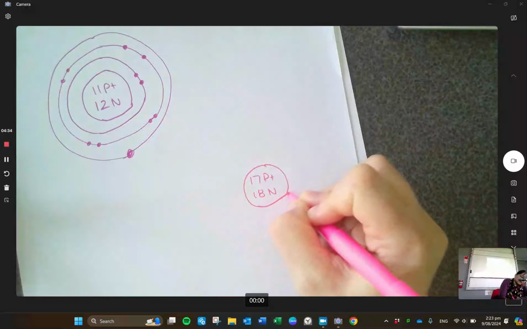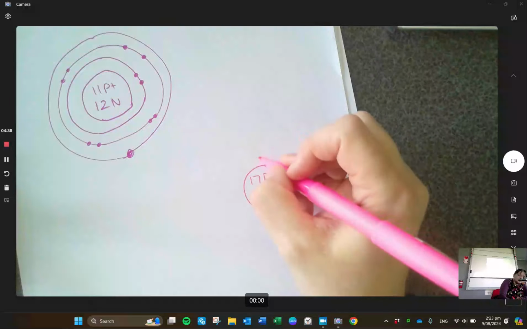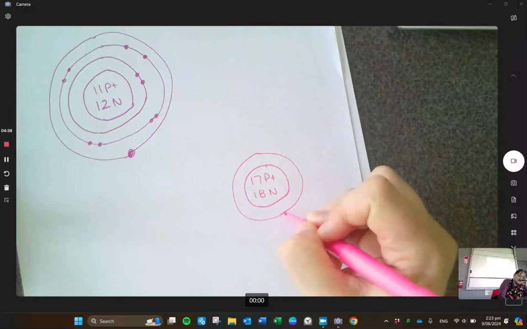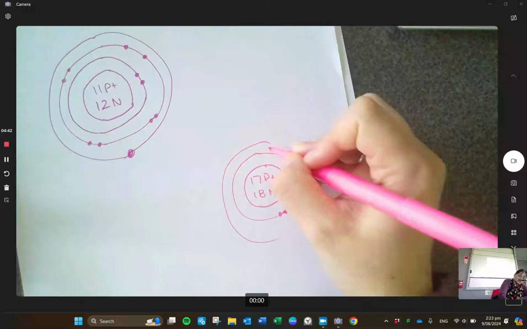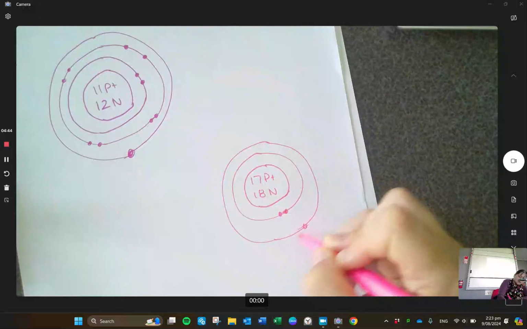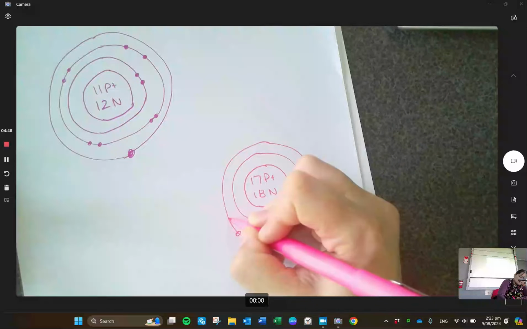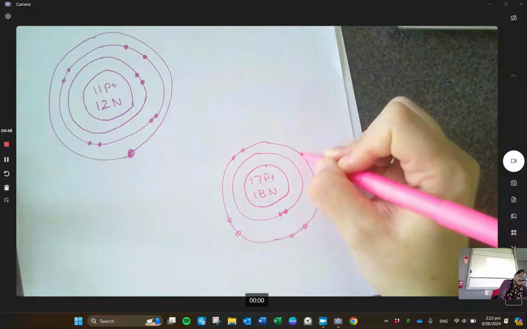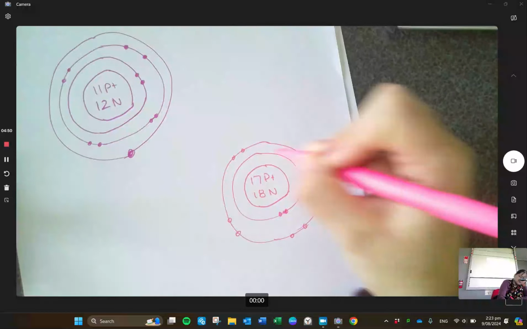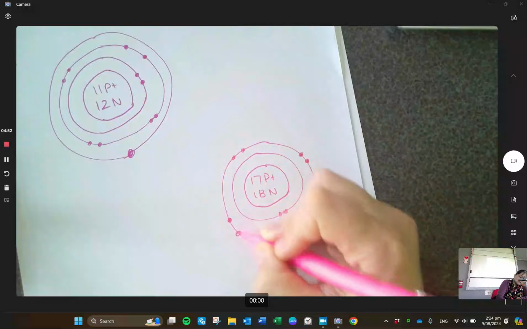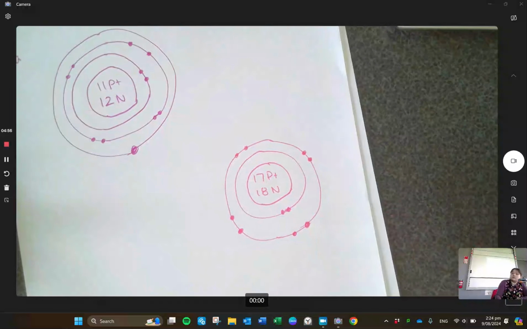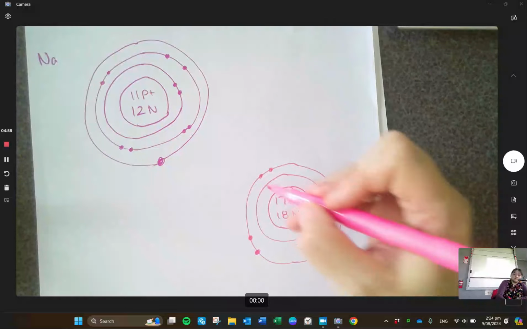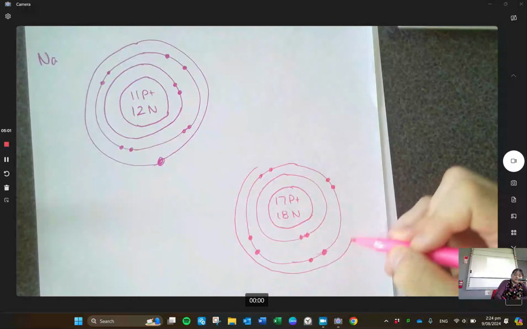So chlorine's over here, and if I have 17 protons, I have 17 electrons. So that means 1, 2, next shell, 8, 1, 2, 3, 4, 5, 6, 7, 8. And then how many go in my last shell? 2.